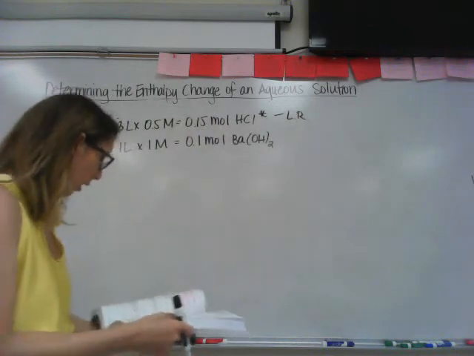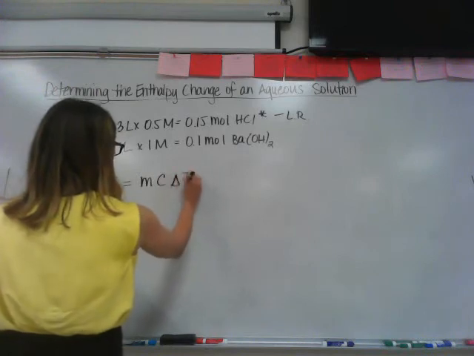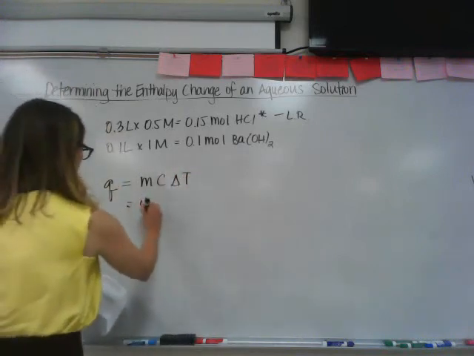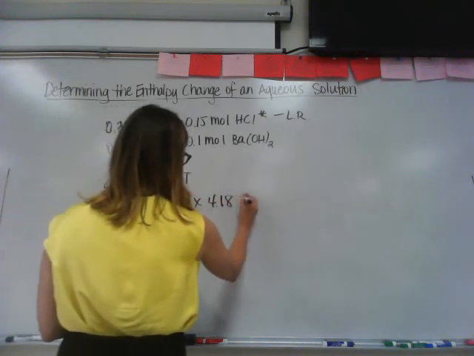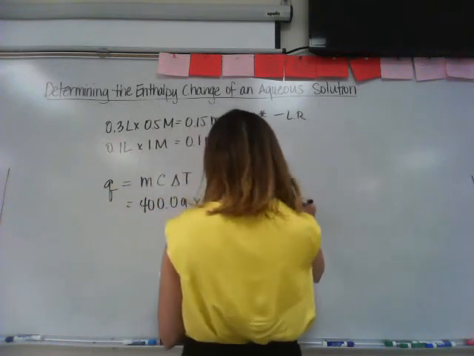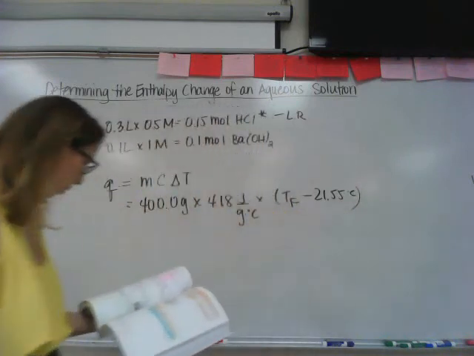And so I'm going to go ahead and calculate Q. My combined mass was 400 grams, my heat capacity of water is 4.18, and my difference in temperature is T final minus 21.55 degrees Celsius.